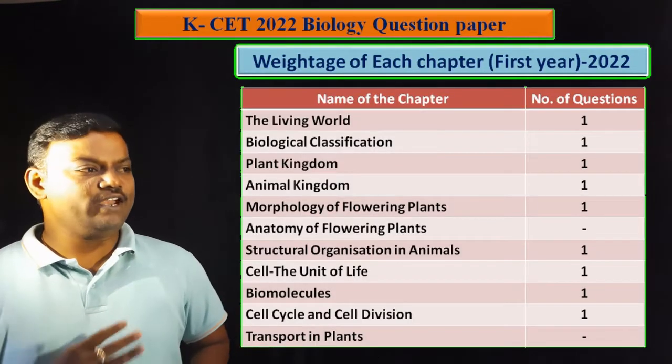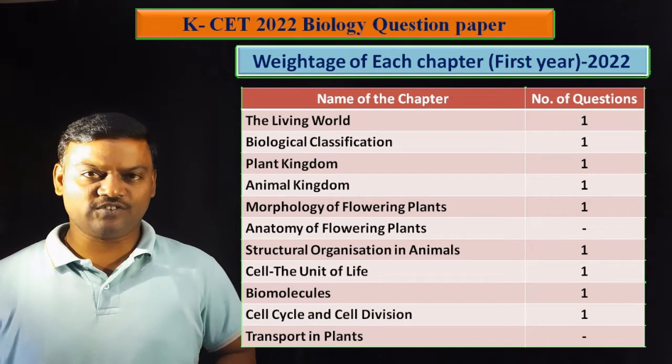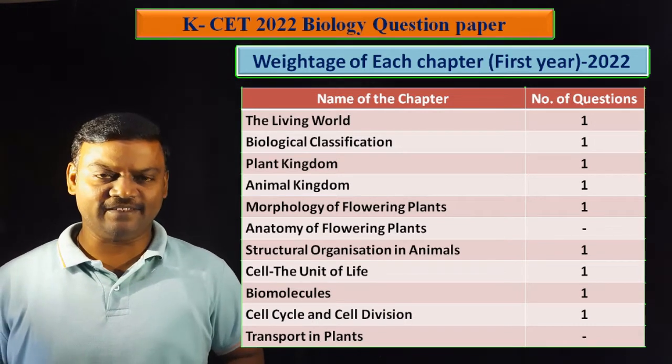In the CET examination, first we will see the number of questions from each and every chapter. This is the weightage of each chapter from first year in CET 2022.